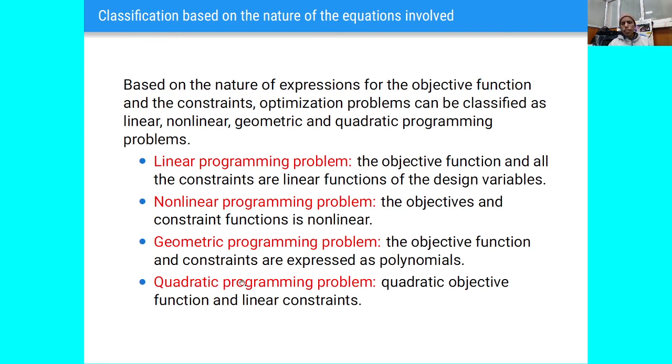I will finish quickly, and these classifications will be retouched whenever we take questions in coming time. So then we have quadratic programming problems, where there is a quadratic objective function and linear constraints.